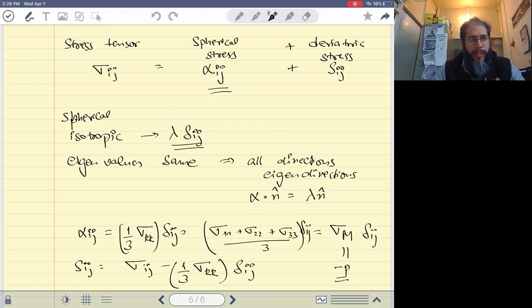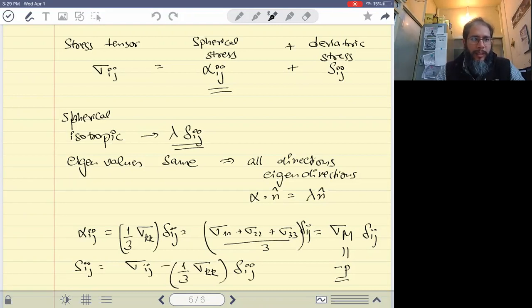That means whatever shear force sigma is applying, all that effect is contained in the deviatoric part. That is the reason we split the stress tensor into two parts. One part applies a purely normal or compressive force, and the other part applies the shear force. So one part changes the volume of the body, and the other part changes the shape of the body.